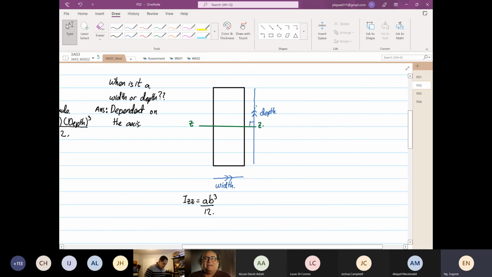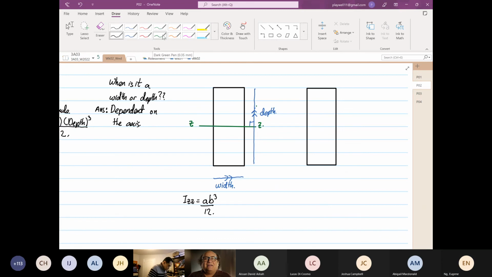Now, if our interest is Iyy, so I'm going to draw our y axis. Okay. So this is your y.